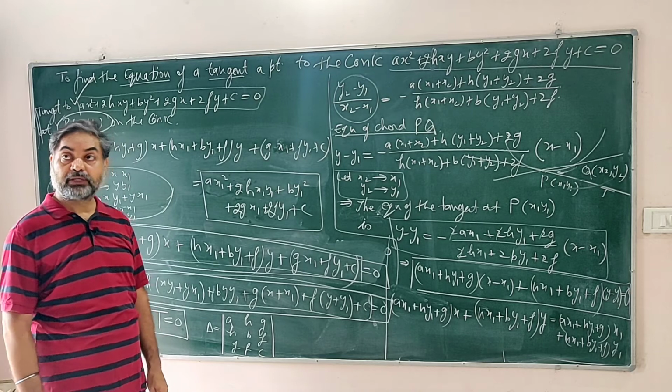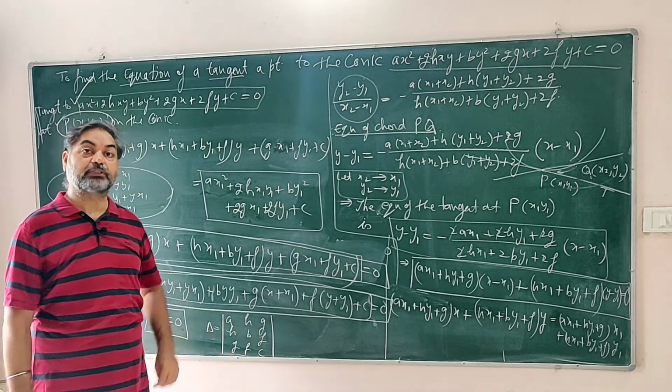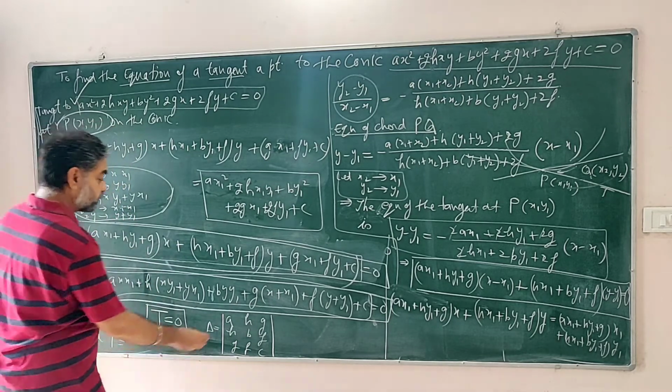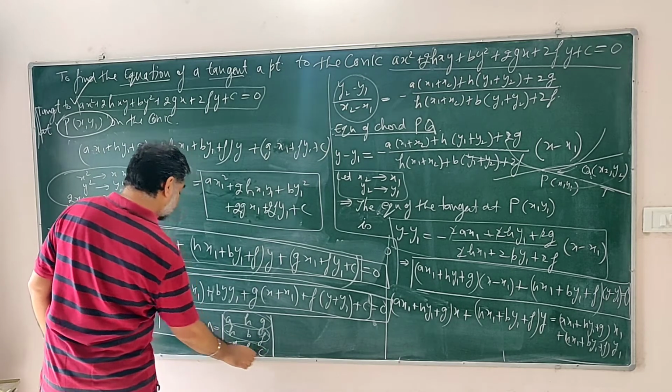The first row is A, H, G, the second row is H, B, F, and the third row is G, F, C.